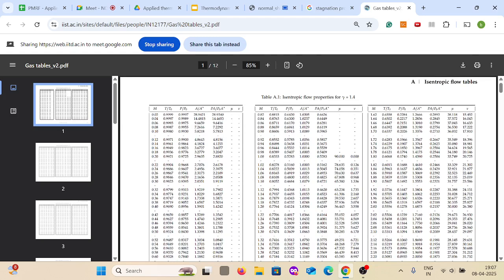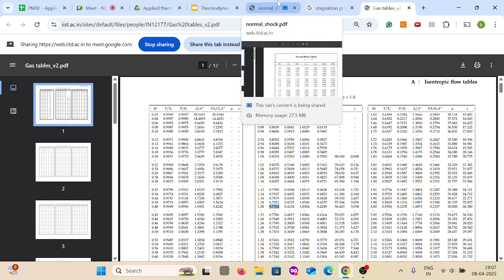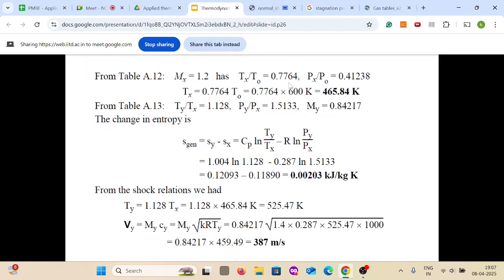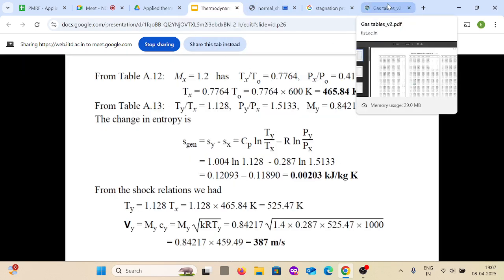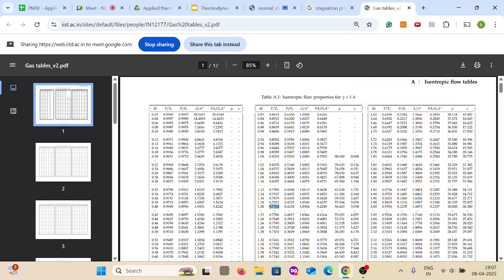Correspondingly, for the isentropic flow table, T by T naught is 0.7764. So that's what is written here, 0.7764, and P by P naught is 0.4124.